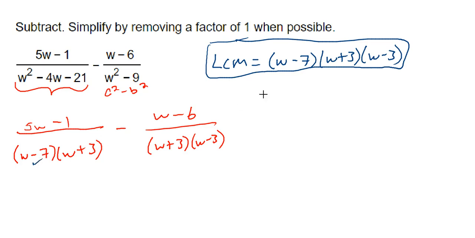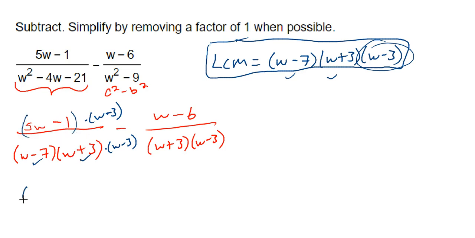We have the w minus 7. We have the w plus 3. What we don't have is the w minus 3, so that's what I will multiply here. Do the same thing to the top to balance that out. Because we're multiplying something to this numerator, and it has two terms, we're going to have to throw some parentheses around that as well.